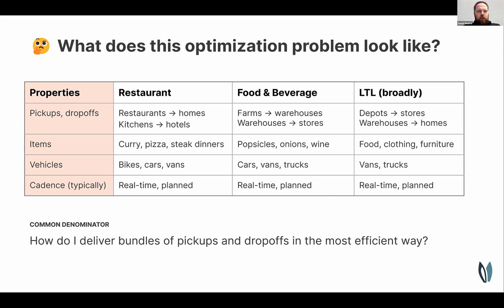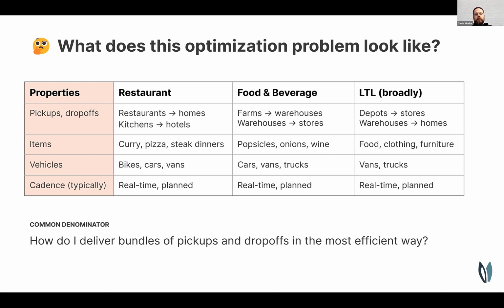The cadence of these transportation problems is very similar for all of these businesses, or could be very similar. For all of these businesses, we might have a real-time scenario, which means that we get an order, and as soon as we get this order, we want to replan, we want to reoptimize our plan, so that we can assign the order to one of our vehicles or drivers.